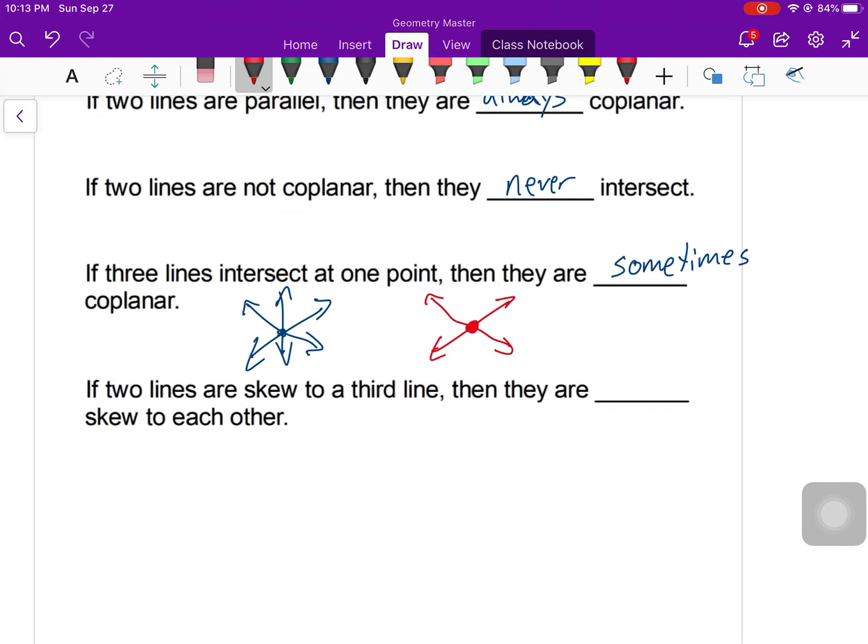And the last one, if two lines are skewed to a third line, then they are skewed to each other. That is never true. Because if I draw a picture here real quick, and I've got a line right there, in order to be skewed to that, I would have to go through this plane, like this.